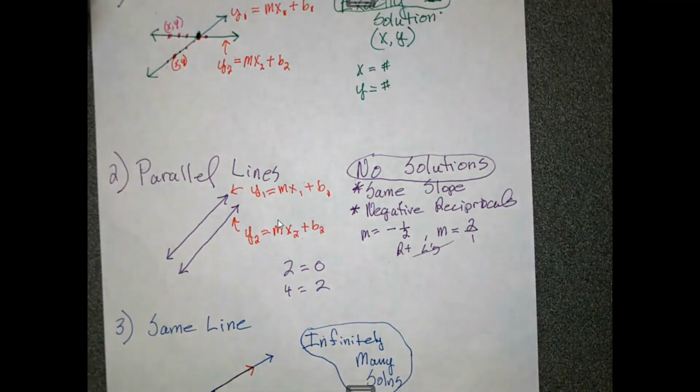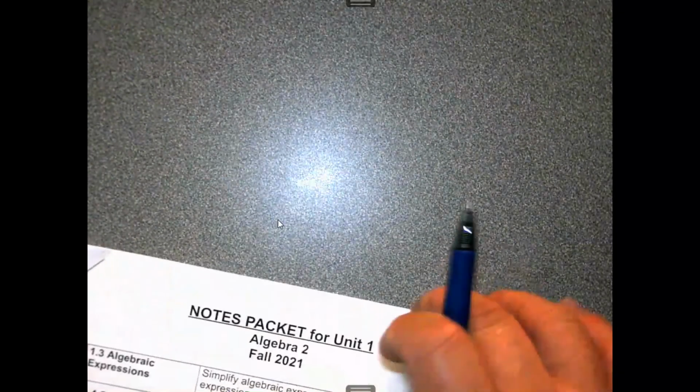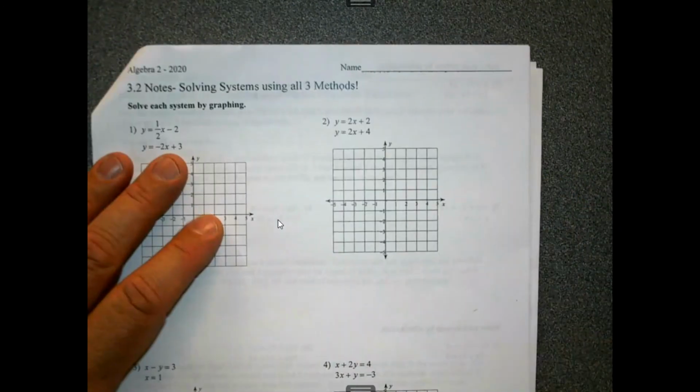Now, to figure out which scenario we're in, we have three different methods to determine what scenario we're in. So it's a little confusing: three different methods for three different scenarios. If you go to your note packets, that's what this means up here.